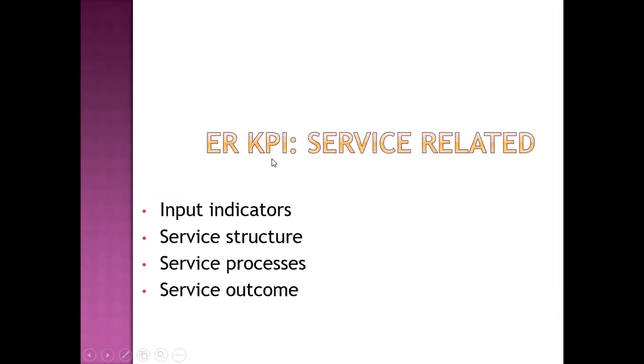Now, about key performance indicators. I have divided key performance indicators into service-related and academic activity-related. Service-related key performance indicators include input indicators, service structure indicators, service process indicators, and service outcome indicators.